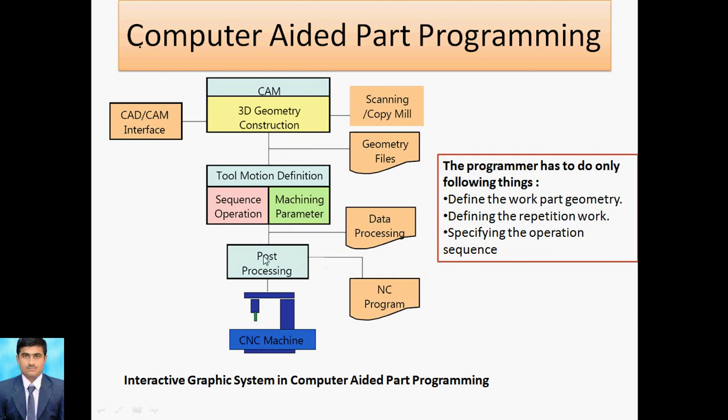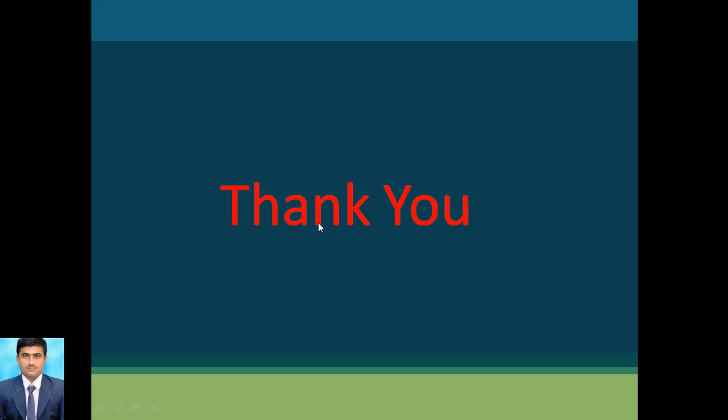This is the NC program. Here we can do the job according to our requirement. We require specific operations, then defining the repetition of work, defining the work part geometry. This is regarding computer aided programming.